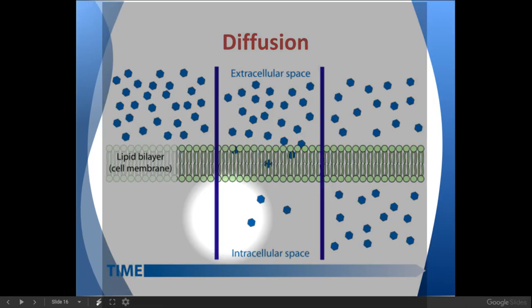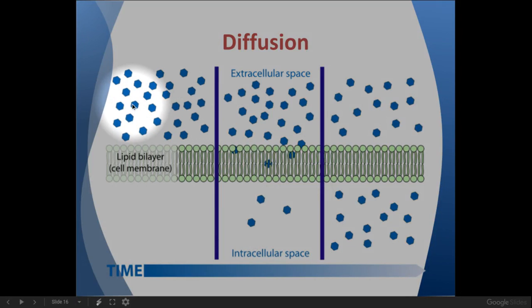So if we look in this area here, we can see a lot of molecules in this space outside of the cell, called the extracellular space, but very few molecules inside the cell. Now, because there are so many molecules outside the cell, they tend to want to flow from a high concentration to a low concentration. So they are going to move from this area into this area.